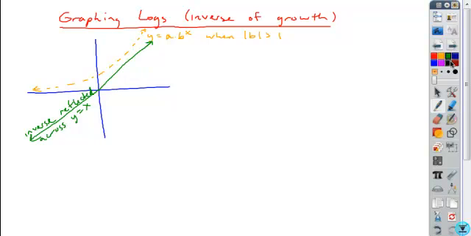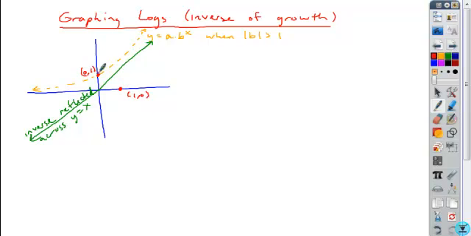So here, if I wanted to sketch my actual parent graph of this log, I'll take this point because I can see what it is. This is the point 0, 1. So if I exchange the x's and y's, it becomes what? The 0, 1 becomes 1, 0, right? So when I exchange that, this becomes the point 1, 0.